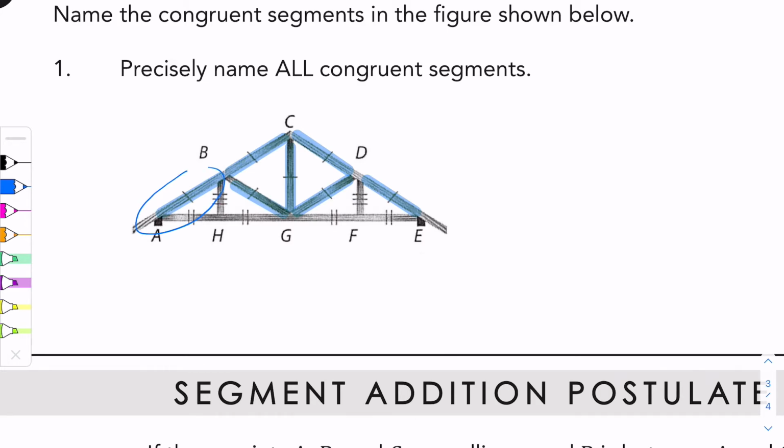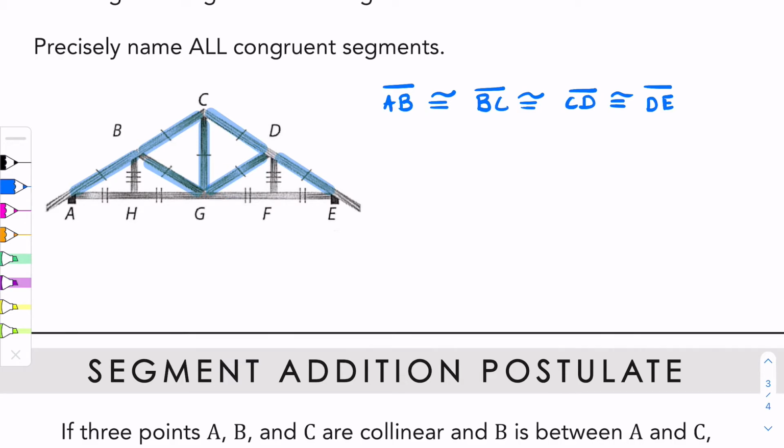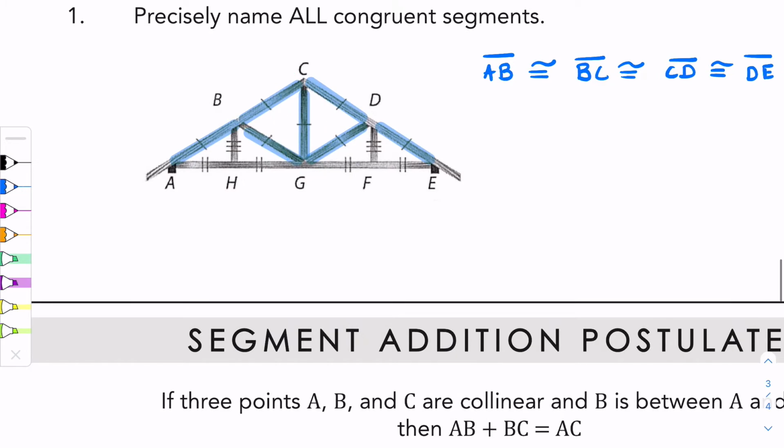So starting over here, we have segment AB is congruent to segment BC, which is also congruent to segment CD, and DE, and then we had segment GD, we had segment GC, and lastly we had GB.